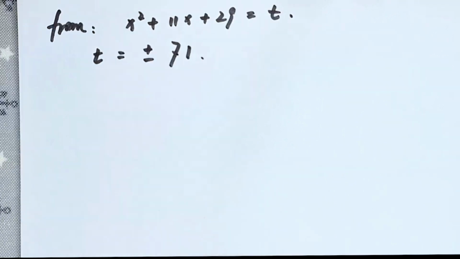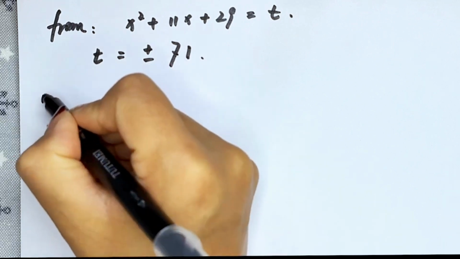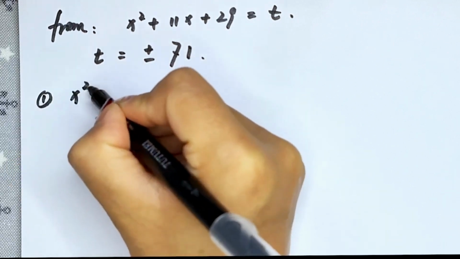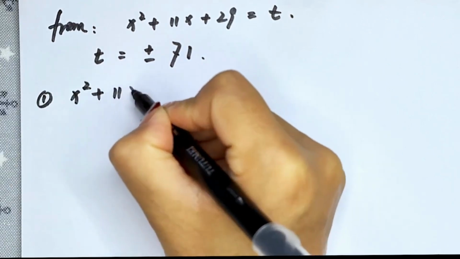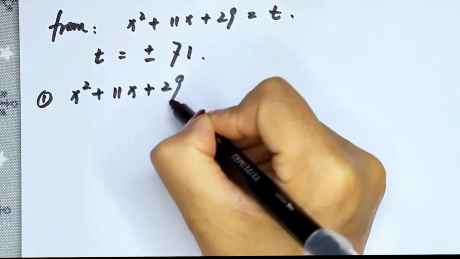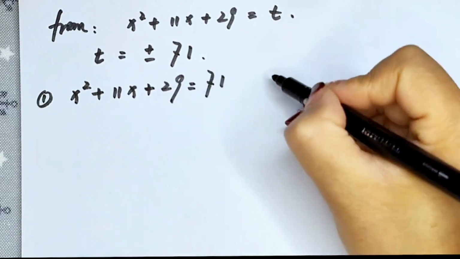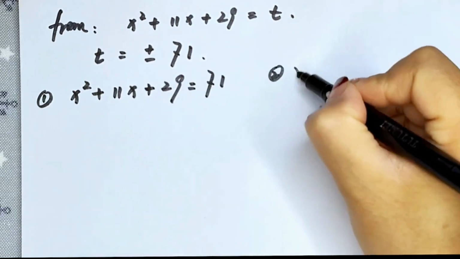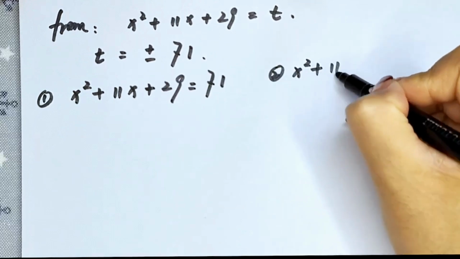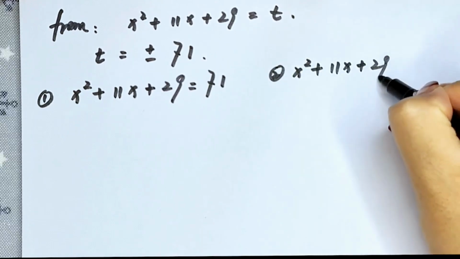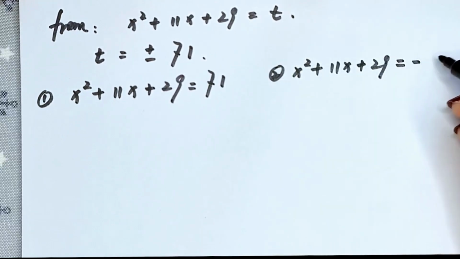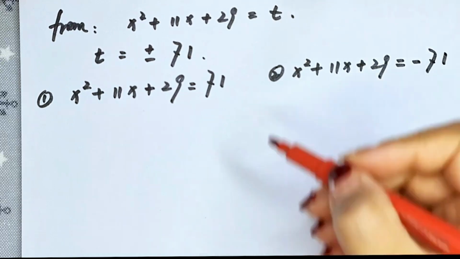So we have two cases: the first one, x squared plus 11x plus 29 equals 71, and another case is x squared plus 11x plus 29 equals negative 71.